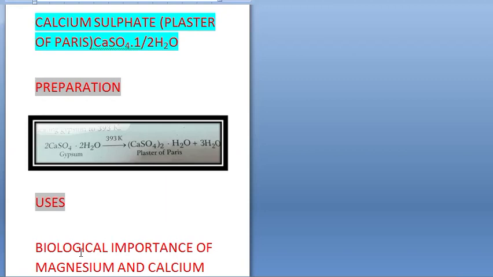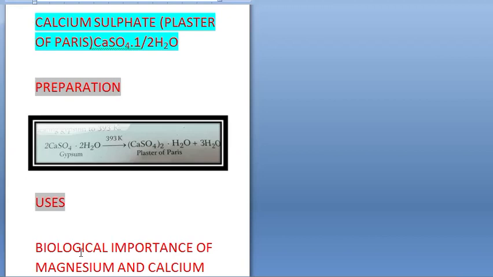Next we have to do the biological importance of magnesium and calcium. See, the adult body contains about 25 gram magnesium and 1200 gram of calcium, whereas iron is only 5 gram and copper is only 0.06 grams.